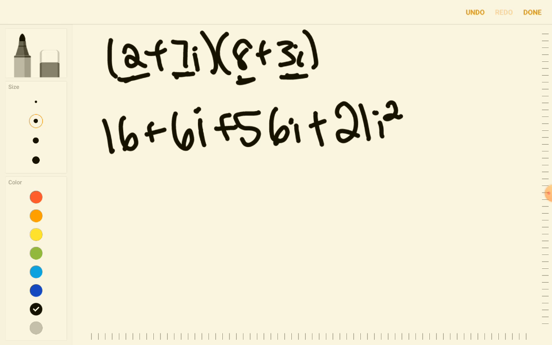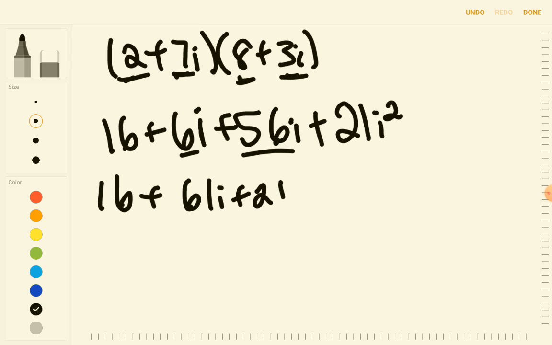So now we would just add our like terms together. So we get 16 plus 6i plus 56i is 61i plus 21i squared.